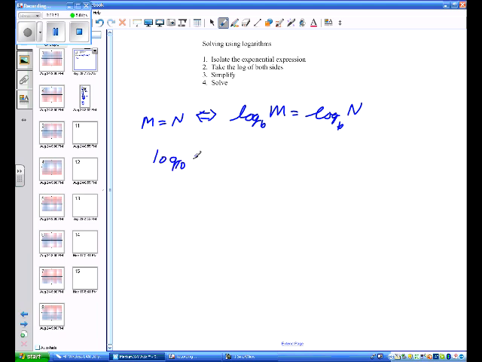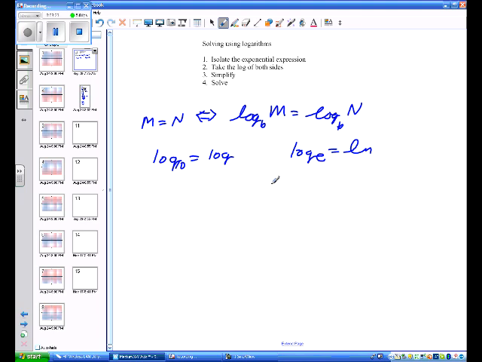Log base 10 we will always write as just log. If there's no base shown, it's understood to be a 10. Or log base e, which we write as the natural log, using the ln. We have a choice. We can do either one, and our calculators have base 10 and base e.